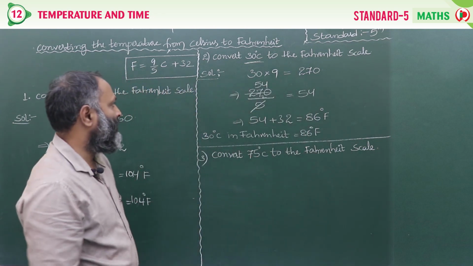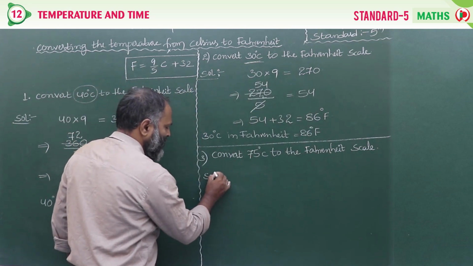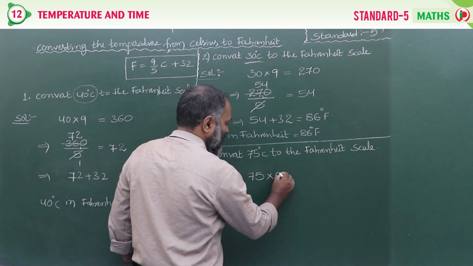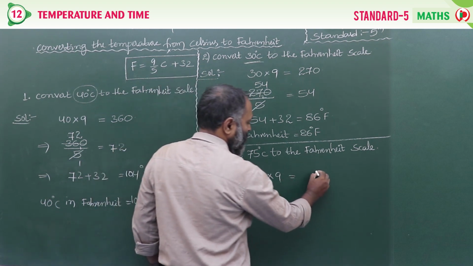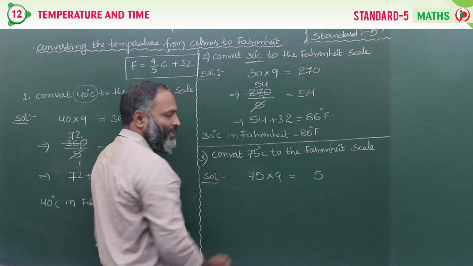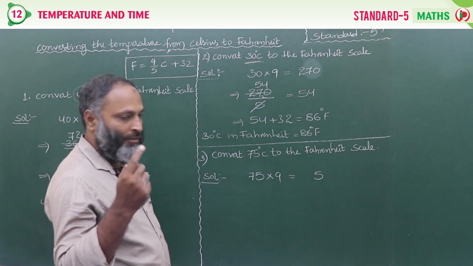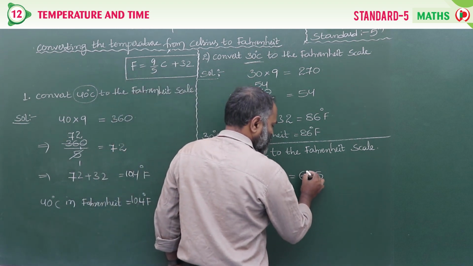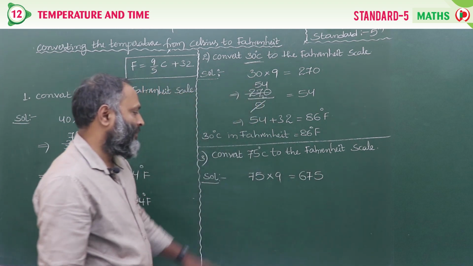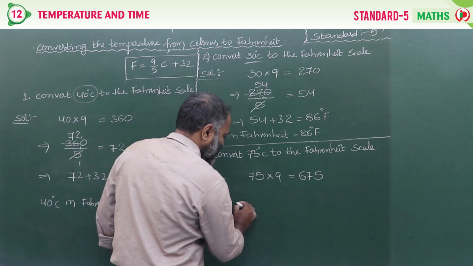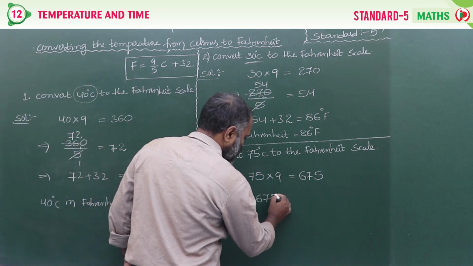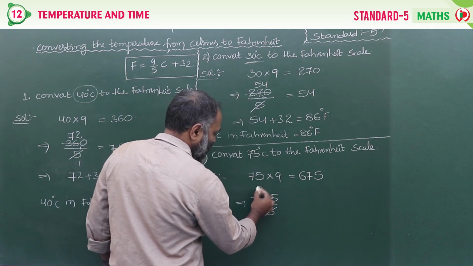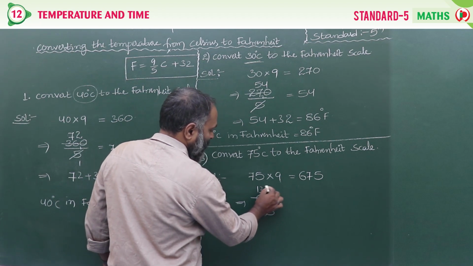Now 75. Then how to convert 75? First, the 75 we should multiply with 9. 75 into 9. 9 5s are 45, 9 7s are 63, 64, 65, 66, 67, 675. This 675 we should divide with 5. 675 divided by 5. 5 1s are 5, 1 left, 5 3s are 15, 2 left, 5 5s are 25.